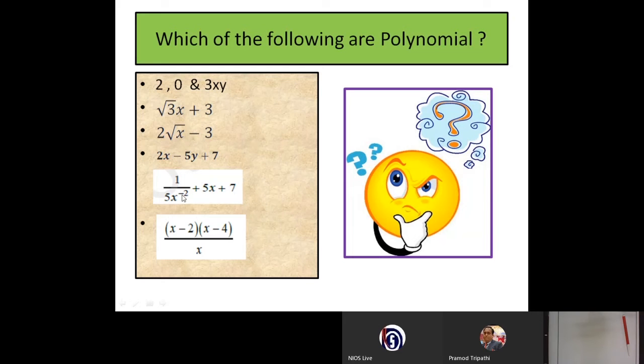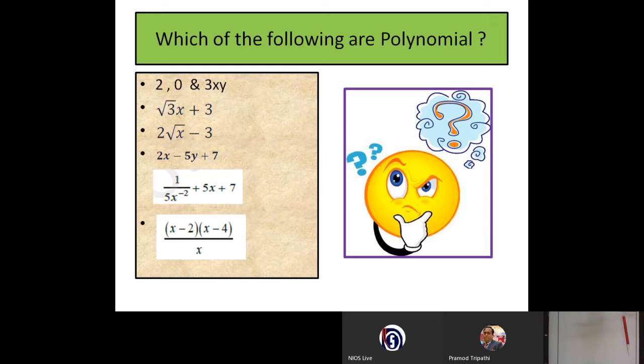And in the other case, 1 upon 5, x to the power minus 2. When it goes to the upside, it will be x to the power 2. So the exponent of the variable becomes positive, so it is a whole number. Now I think in this exercise we have discussed, and you can also find for any expression whether it is a polynomial or not.